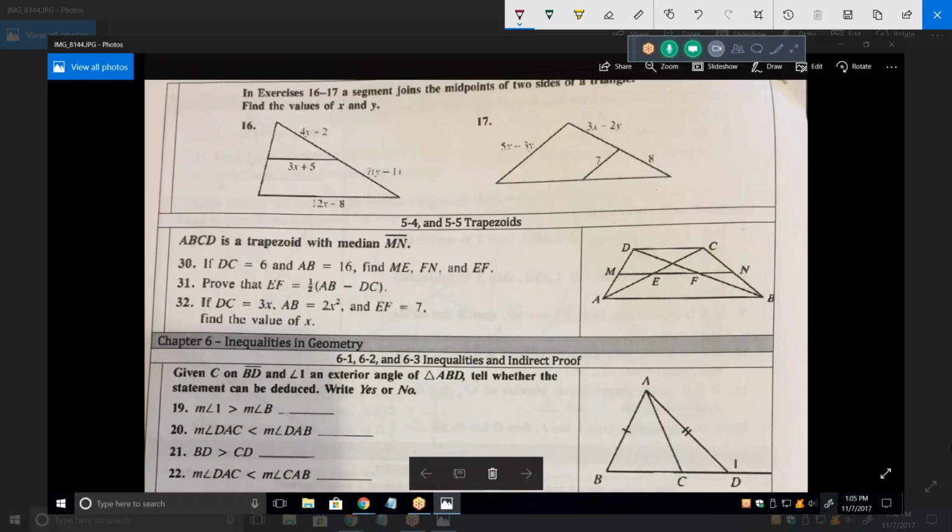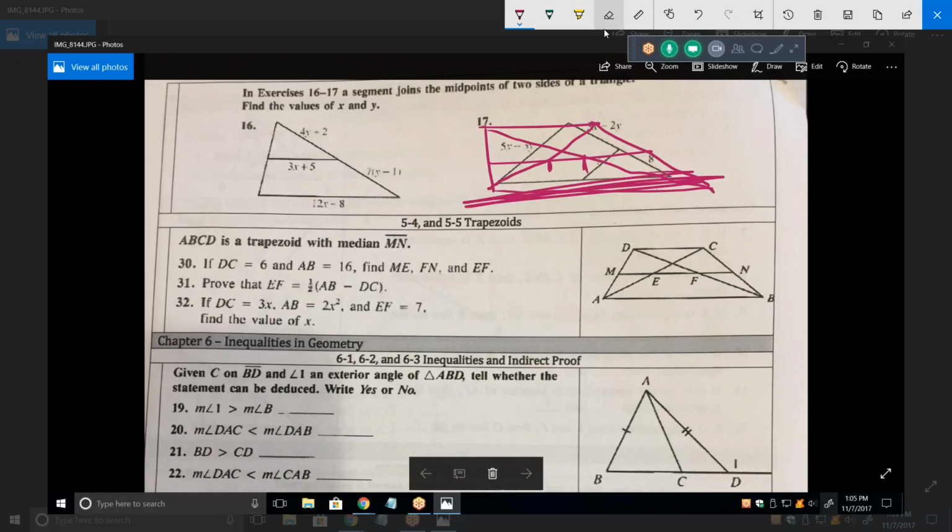In other words, I could imagine that that's probably a true statement, even if I have a weird-looking trapezoid. If I have a trapezoid like this, it would not surprise me if EF was half of the difference between the bases. I'm just not sure how to prove it.